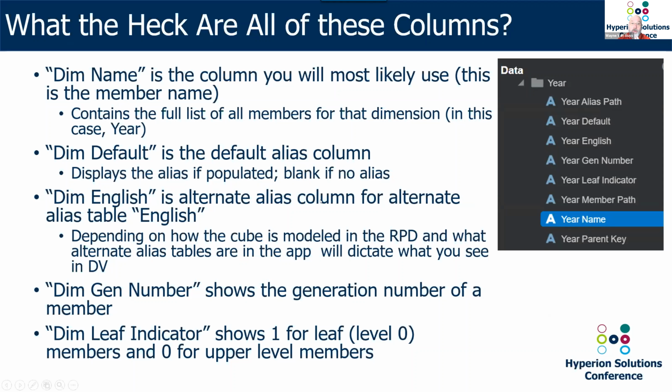We have the default, which would be the alias, the year default. And then if you get into some of the other language aliases, those will show up as well. On a direct connection, we get all of the generation numbers. In the RPD connection, we have a dimension gen number. Also note that there's the leaf indicator, and these become helpful for creating and setting filters.